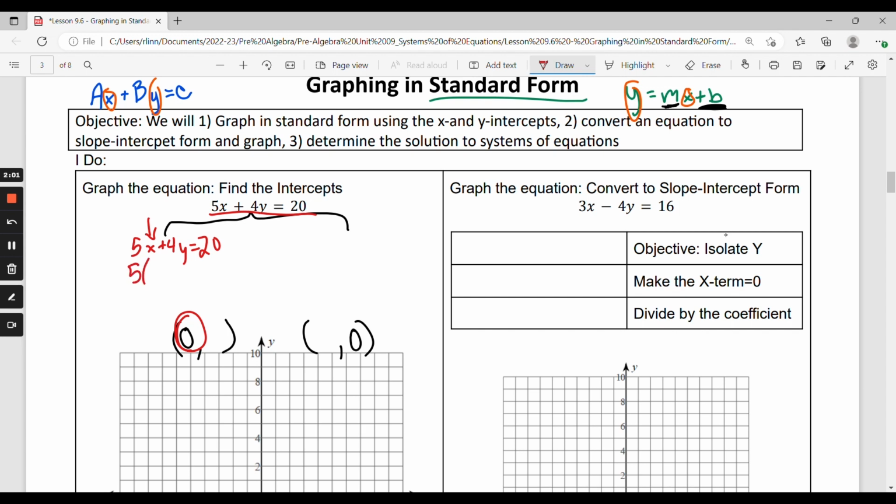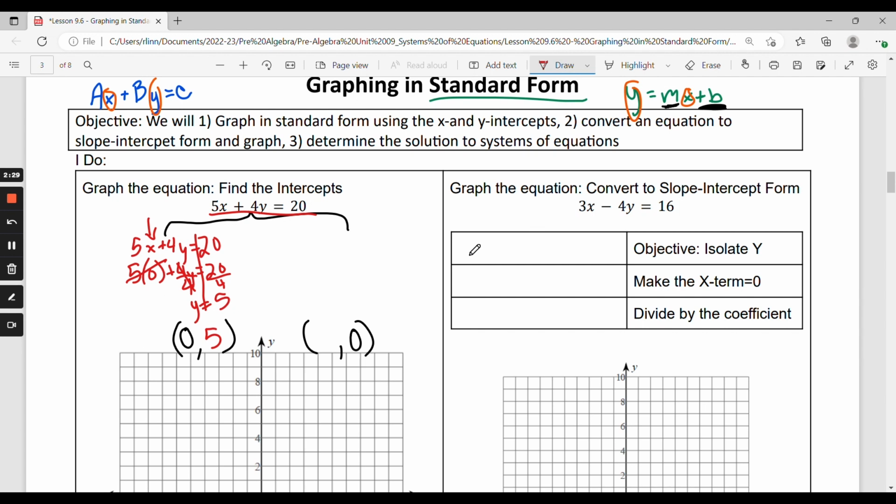So 5 times 0 plus 4y is equal to 20. Now I just need to solve for y, so I'm going to isolate y to get it by itself. 5 times 0 is 0, and 0 plus anything is just whatever it was before. So we have 4y is equal to 20. Divide both sides by 4, so we get y is equal to 5. So our y-intercept, when x is equal to 0, is (0, 5).